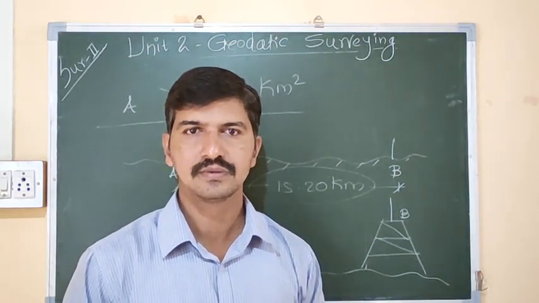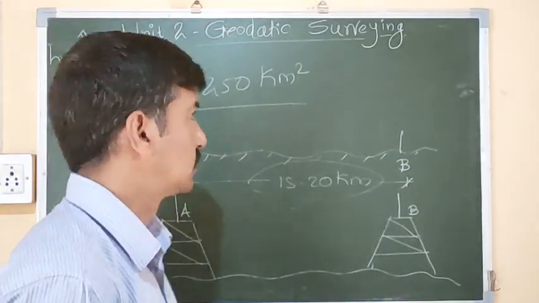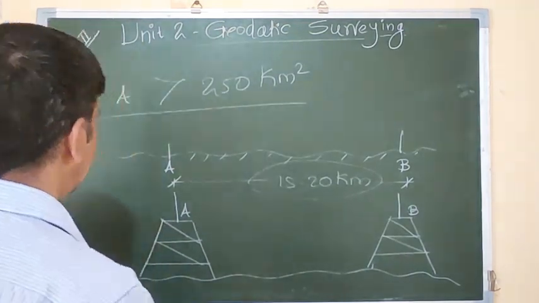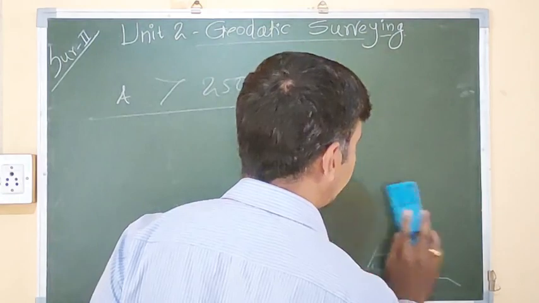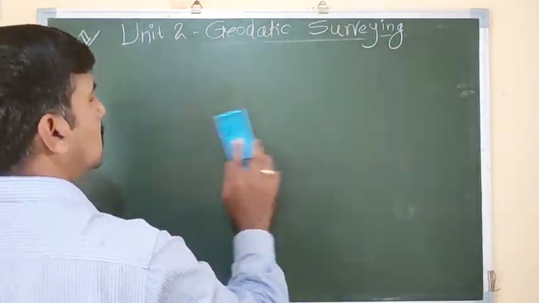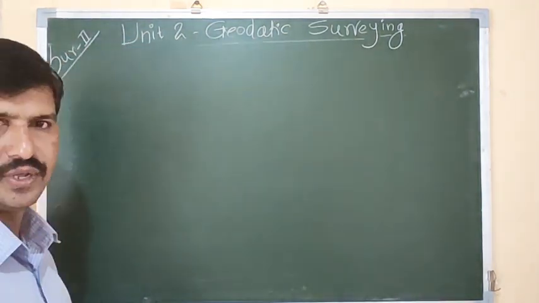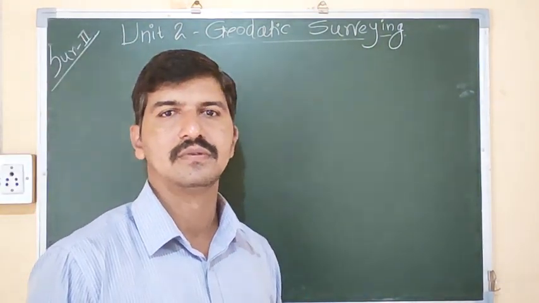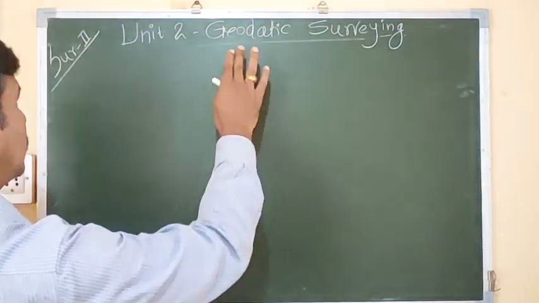Okay? Now, so this is the geodetic survey. So let us start with the actual terms involved in the geodetic survey. Now, second year, let us suppose that our whole country is to be taken for surveying, which we have to consider as geodetic survey.